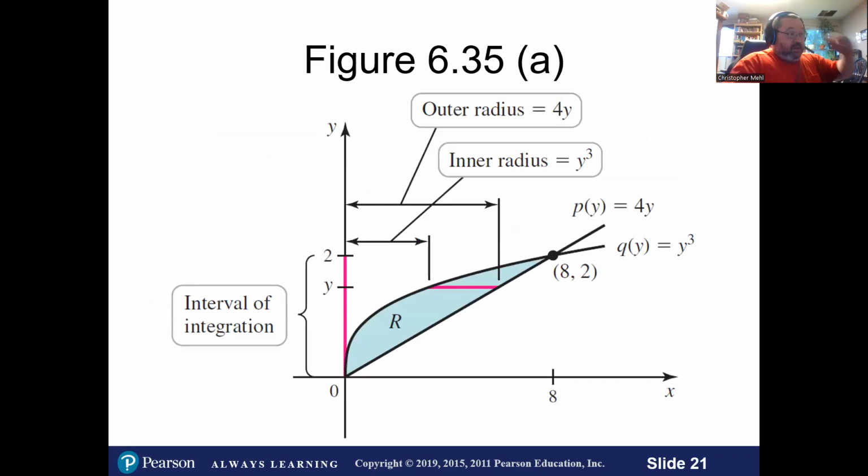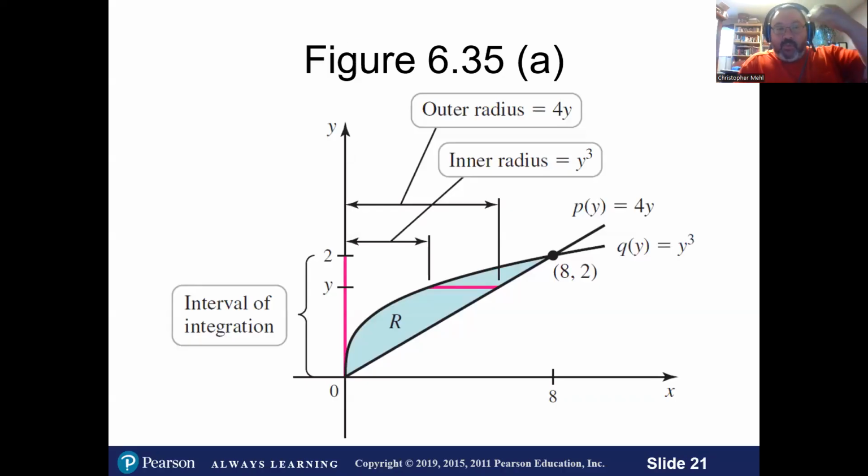And so let's look at a quick example here. In this example, we'll have a region bounded above, in this case on the right, so the outer radius, by the curve 4y, and bounded on the left, so the inner radius, by the curve y cubed.